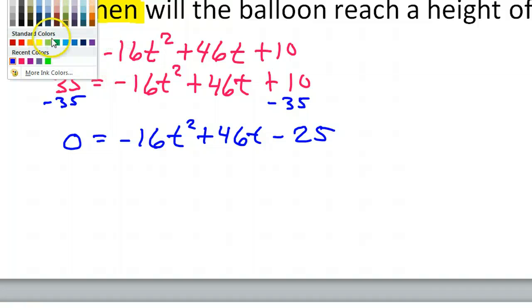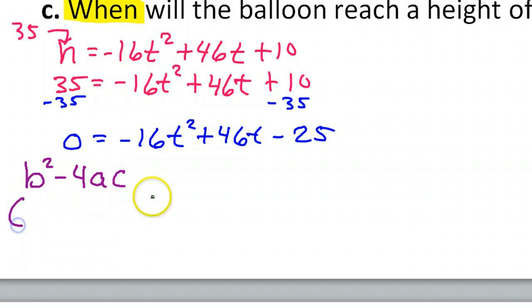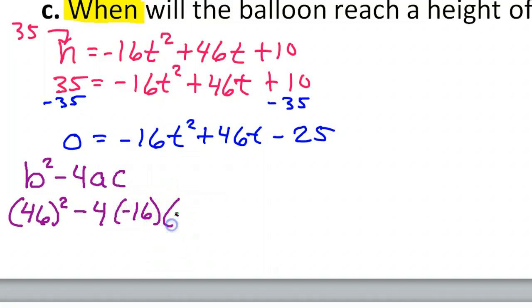The first step of using the quadratic formula is to find the discriminant. b squared minus 4ac. So that's going to be 46 squared minus 4 times negative 16 times negative 25.